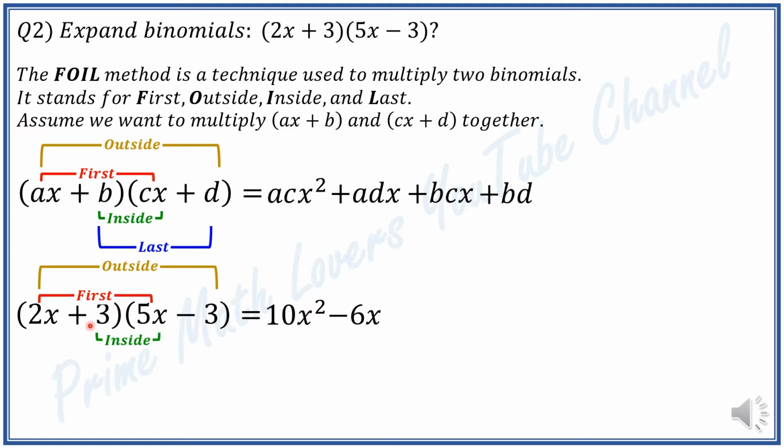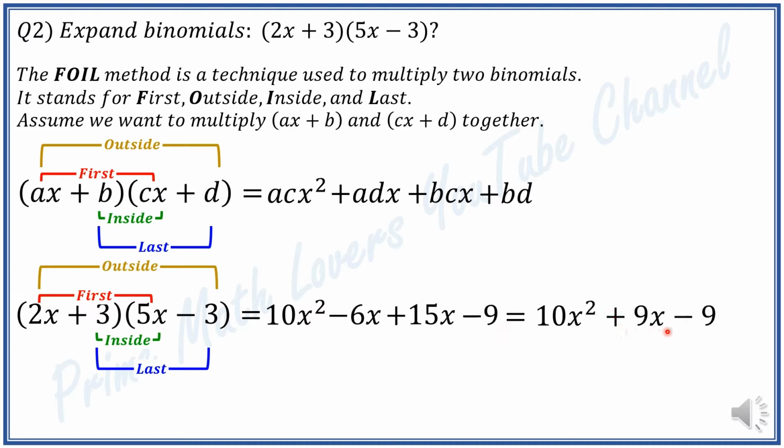Inside, we multiply positive 3 and 5x, will be positive 15x. And the last, we multiply positive 3 by negative 3, and it will be negative 9. Now we combine negative 6x and positive 15x, and the result will be 10x squared plus 9x minus 9.